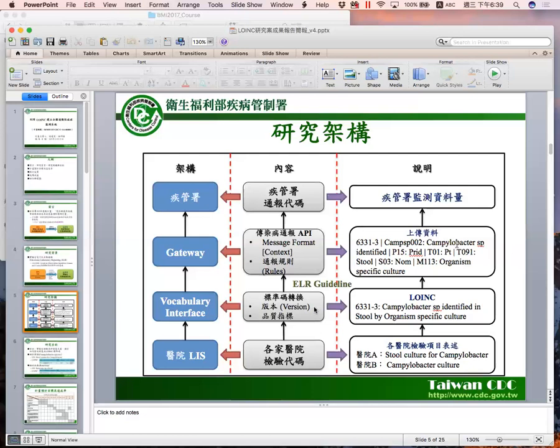Then we have a template: when we know this is a young stroke, then we will do a series of autoimmune tests. Actually, that information is all in the system.